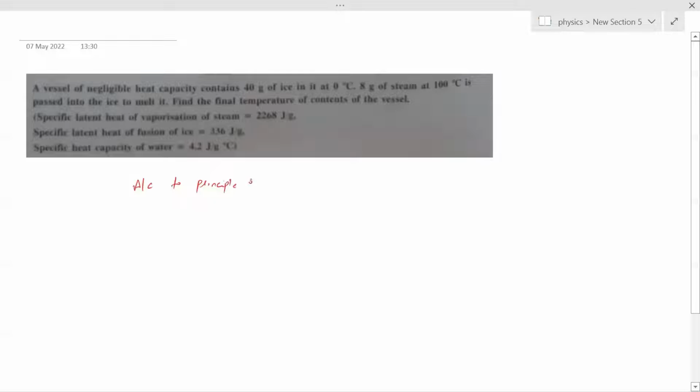Heat lost is equal to heat gain. Heat lost by what? Heat lost by the hot body, by steam, will be equal to heat gained by ice, because they've given us steam.